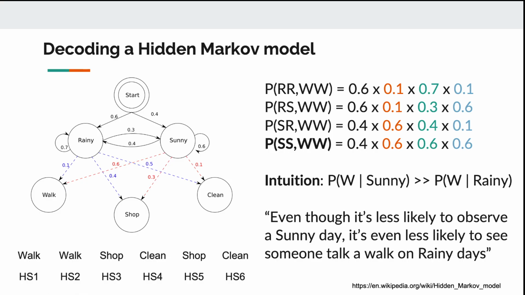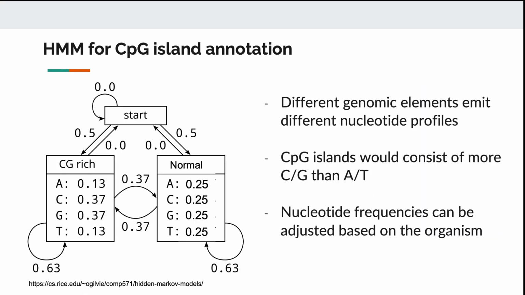We are not just guessing. In the case of CpG, we also can adjust these numbers if we know something about the genome: the frequency of the nucleotide, or the length of the CpG island on average, or the frequency of A and T that can occur in the CpG island. This knowledge allows us to adjust all these probabilities.